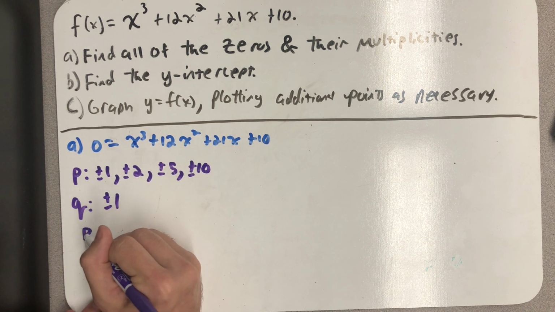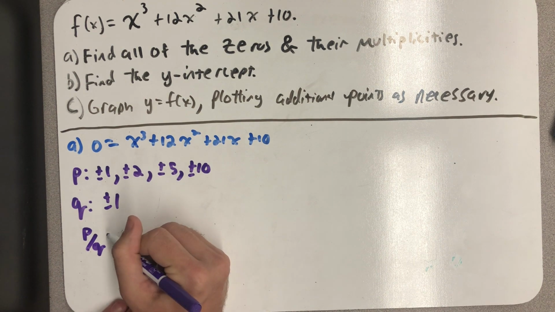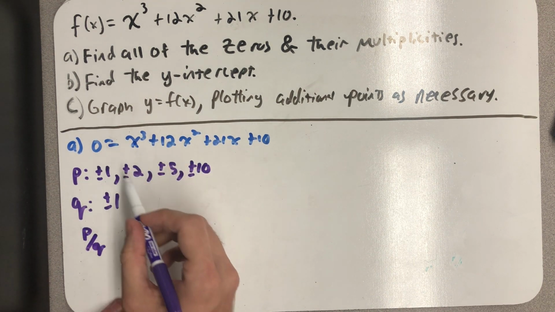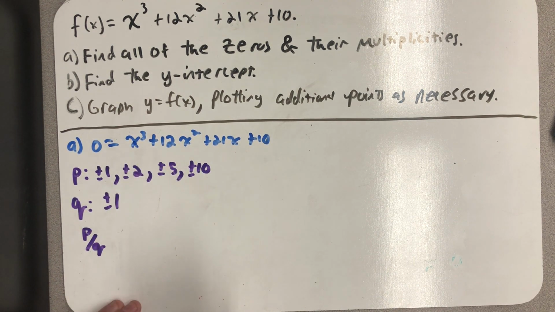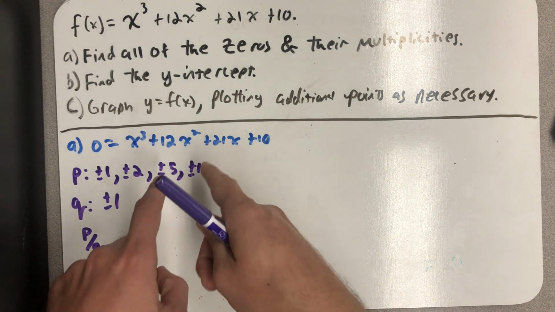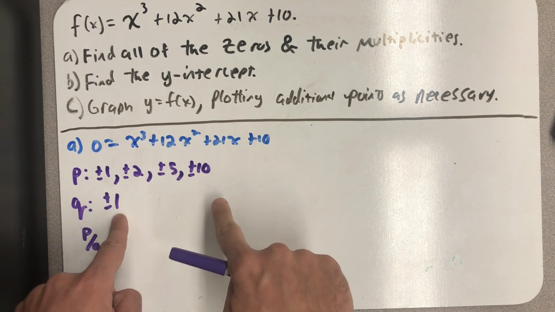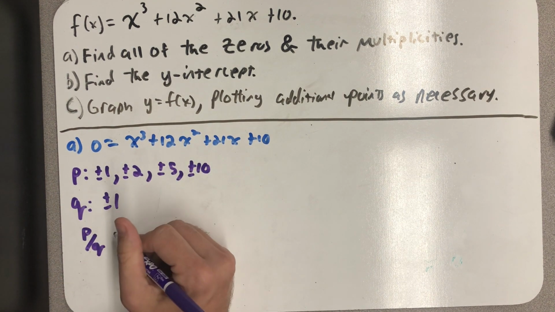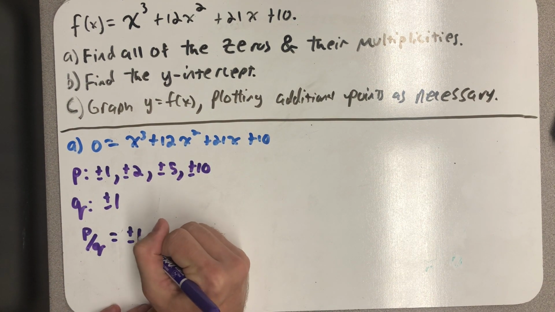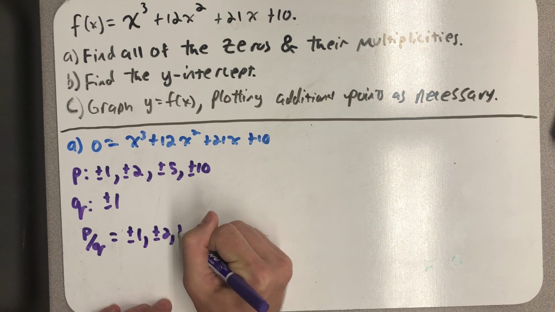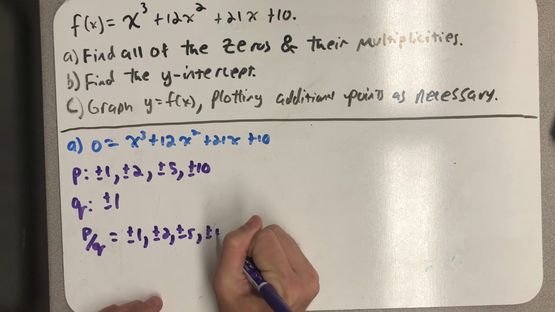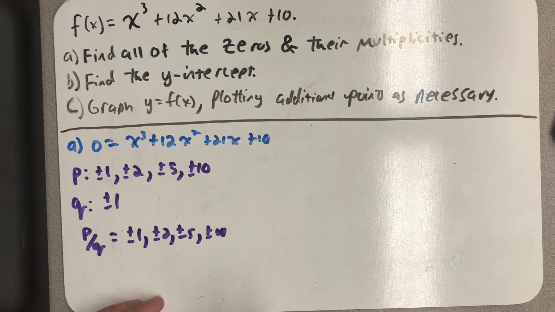And then the possible rational roots are all of the p's divided by the q's. Anything of the form of one of these numbers divided by one of these numbers. Well, this is nice because if I divide any of these by plus or minus 1, I just get that entire list again. So if I have a rational root, it will be one of these.